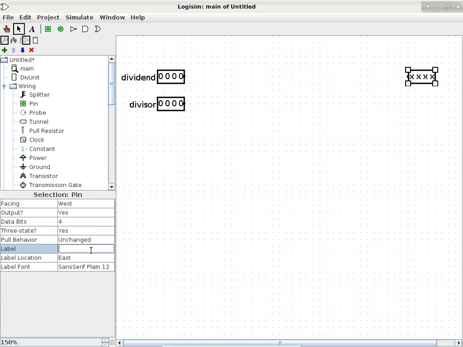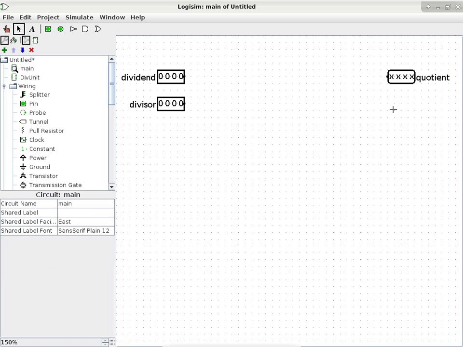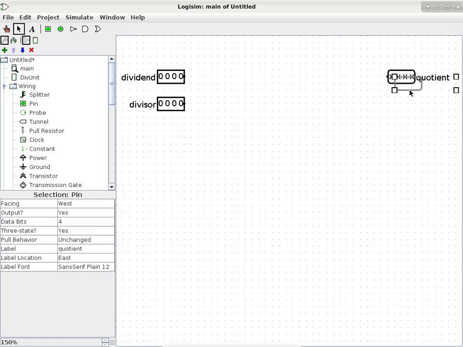The first one is the quotient, and then the second one is our remainder.